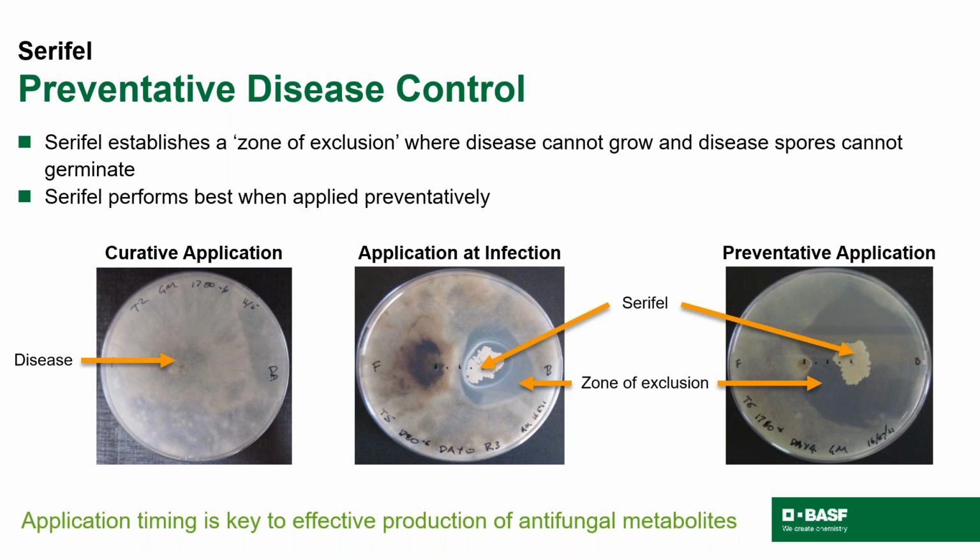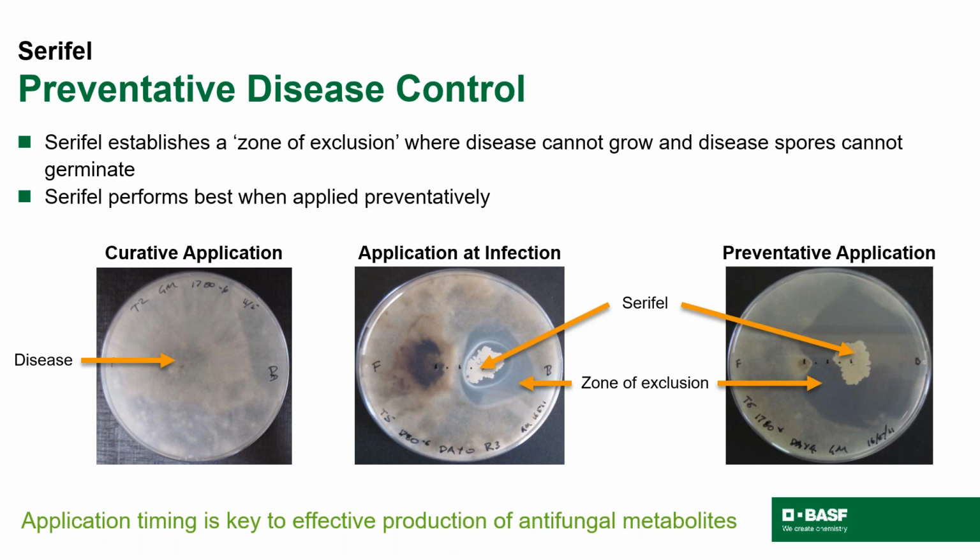So the disease was placed on the petri dish at the same time that the Serifel spores were. And as you can see, the disease was still able to grow, but Serifel had time to colonize and create that zone of exclusion and protect itself and fight off, but you're still seeing some of the disease.